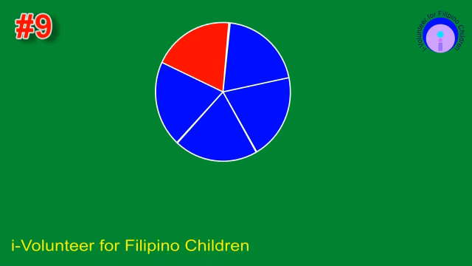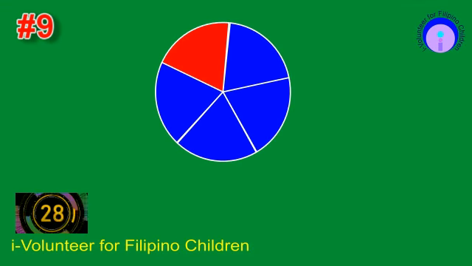Item number 9. Is your denominator odd or even? You still have 5 seconds to finish.